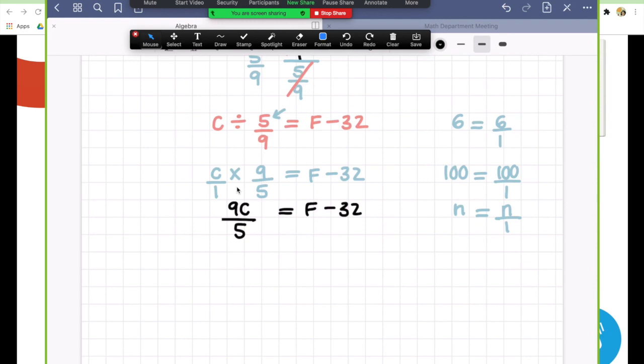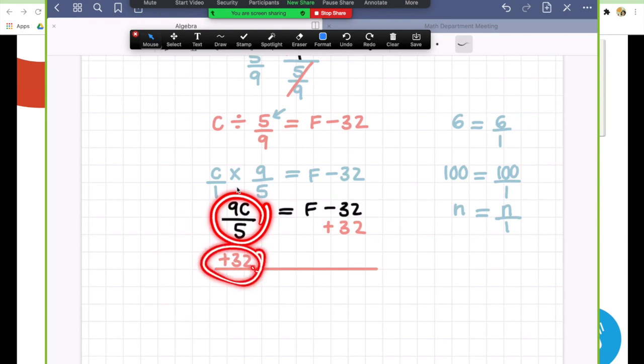Last thing, since F is subtracting with the 32, I could do the opposite and add 32 to both sides. So when I add 32 to both sides, I see here that these are not like terms because this one has a C, this one does not have a C, so we can't combine them.